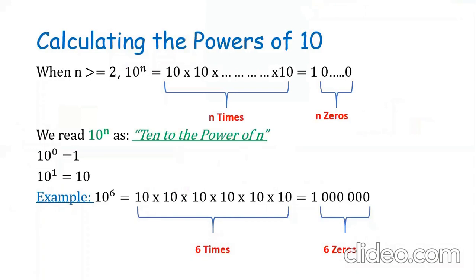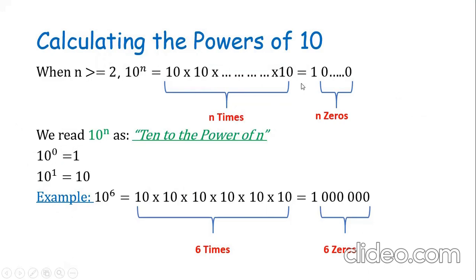Calculating the powers of 10. So let's start by defining what is 10 to the power of n. When n is an integer that is larger than or equal to 2, we define 10 to the power of n as 10 multiplied by itself n number of times.